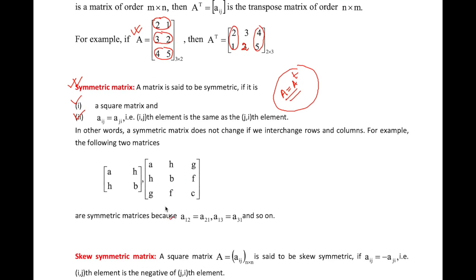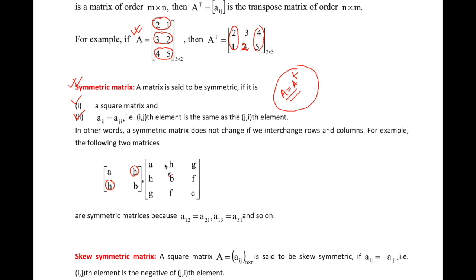For example, this is a symmetric matrix because you see a12 is equal to a21, and this is another symmetric matrix.